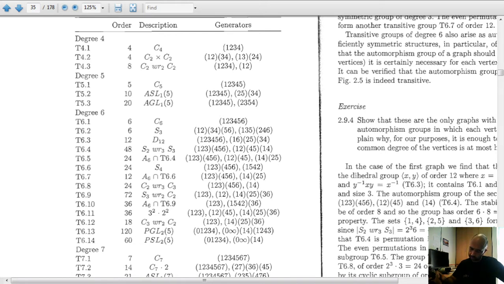You only see 14 of them here, labeled from T6_1 up to T6_14. There are 2 more, but since they are kind of obvious, they were not written here. They are S_6 and A_6. So together with those 2 groups, you get the full list of transitive subgroups of S_6 up to isomorphism.